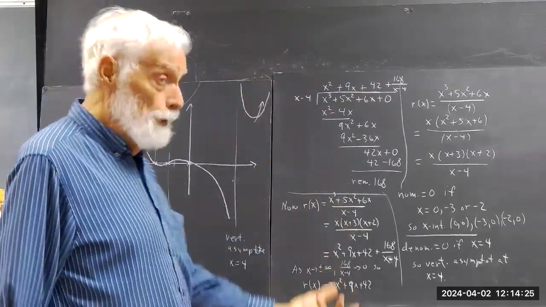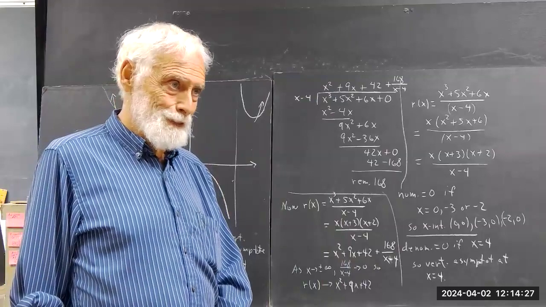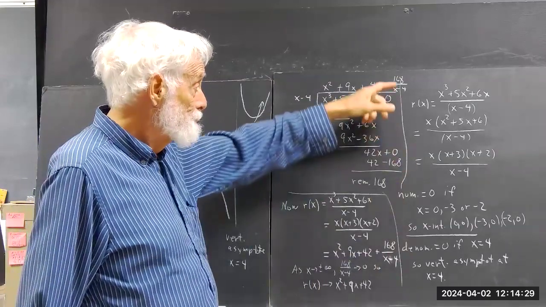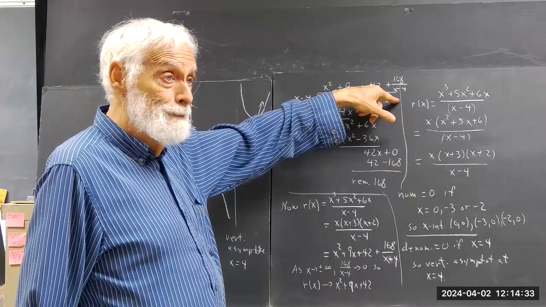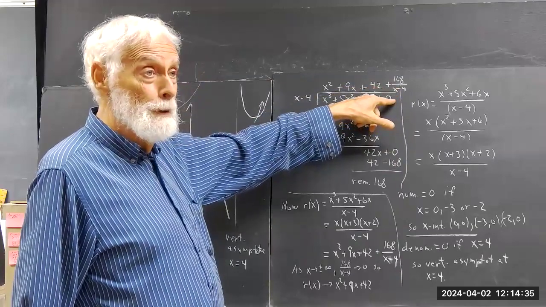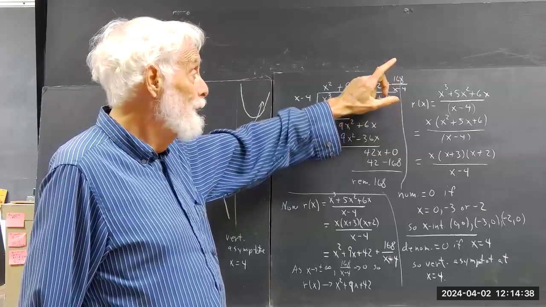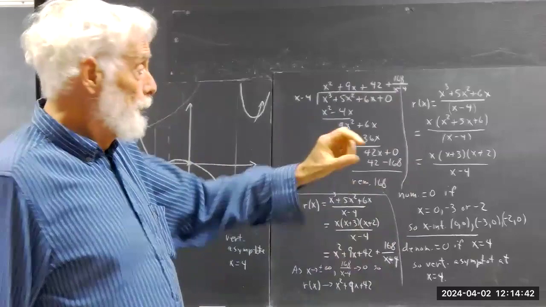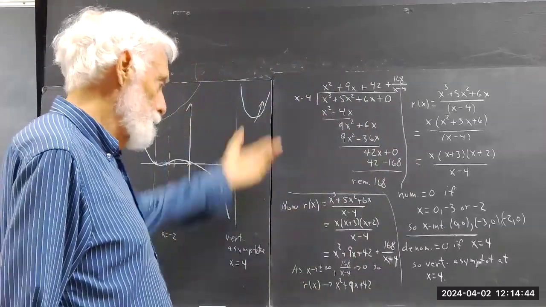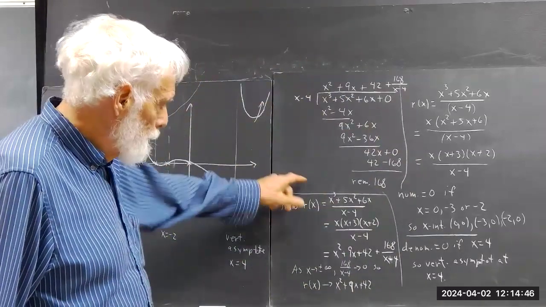As we saw in the previous case, this is going to approach 0 as x gets big. Because the denominator is going to get big if x gets big, and you're going to divide 168 by something as big as you like, meaning you're going to get something as small as you like.